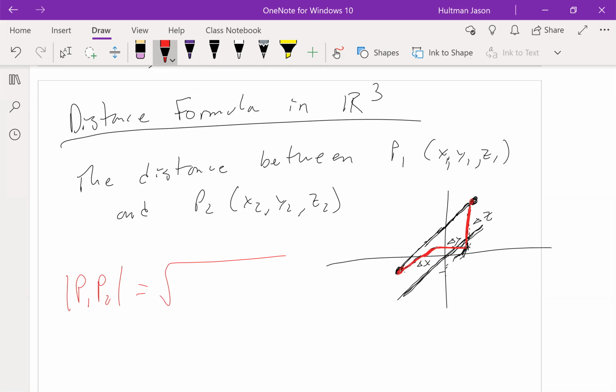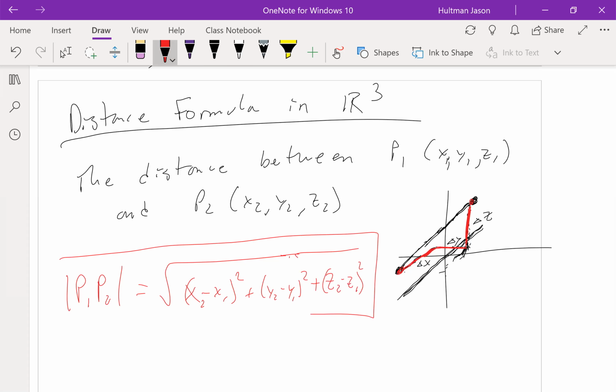The distance in R3 is the same thing as R2, but it's going to be x2 minus x1 squared plus y2 minus y1 squared plus z2 minus z1 squared. Okay, that's the distance between them.